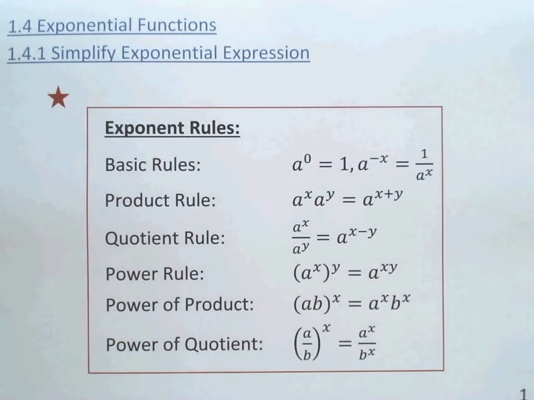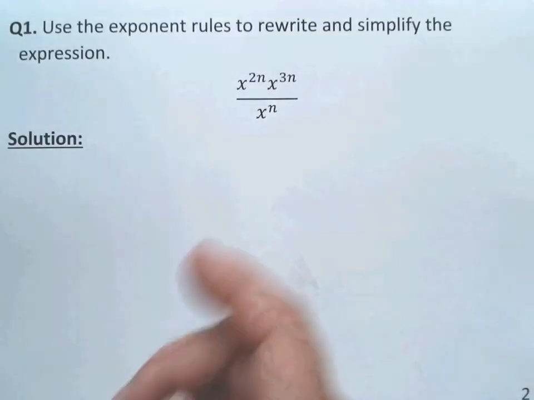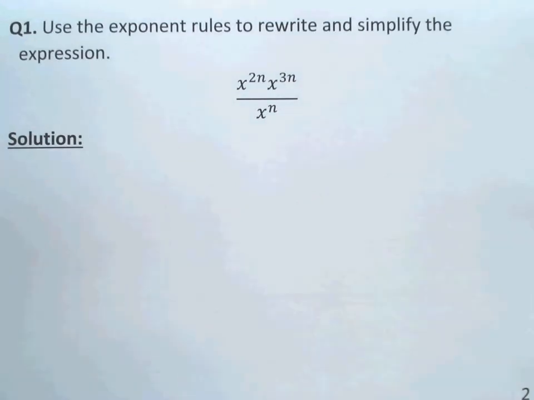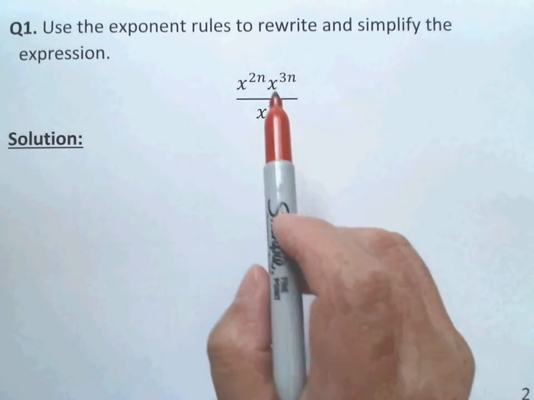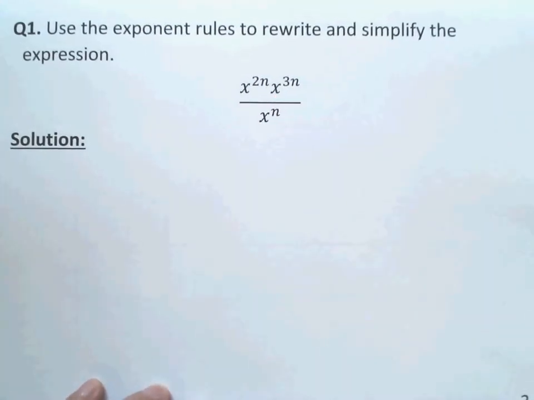Now we are going to use these rules to show one example. It may look a little bit complicated, but it's not very complicated. Which rule to use? You should have experience.